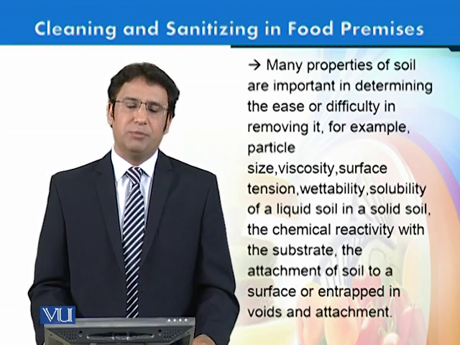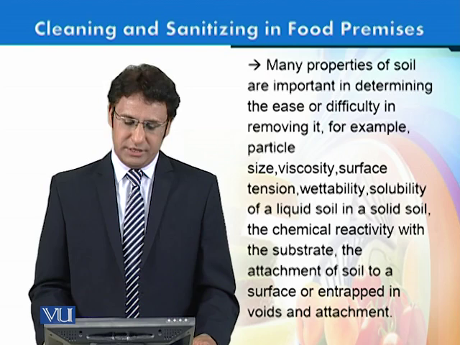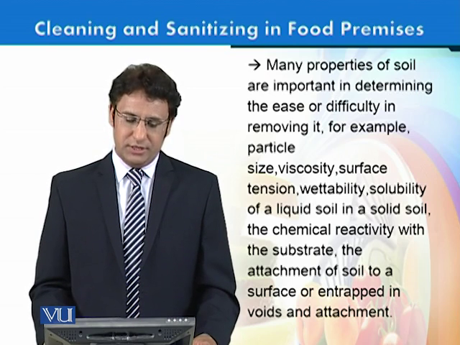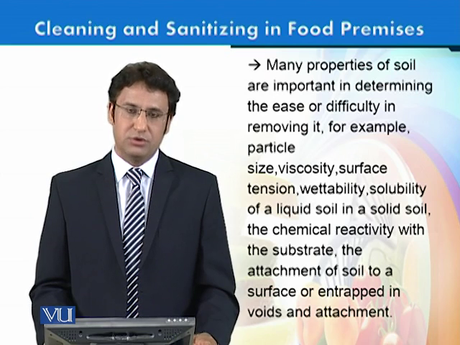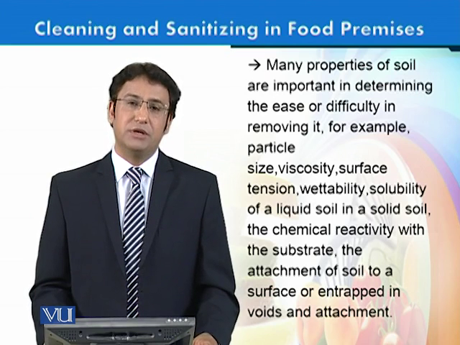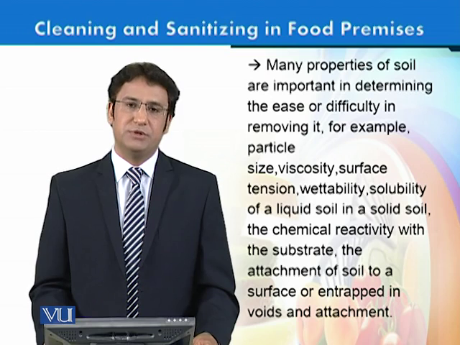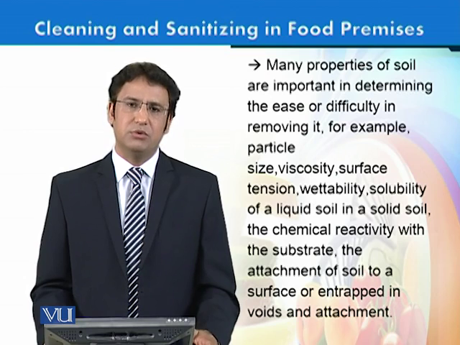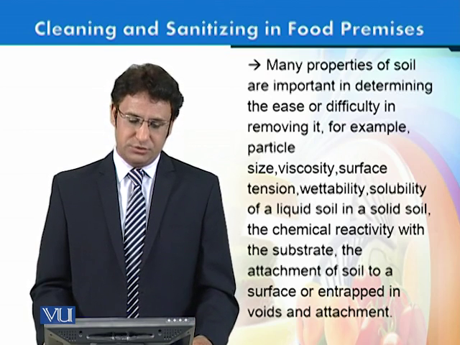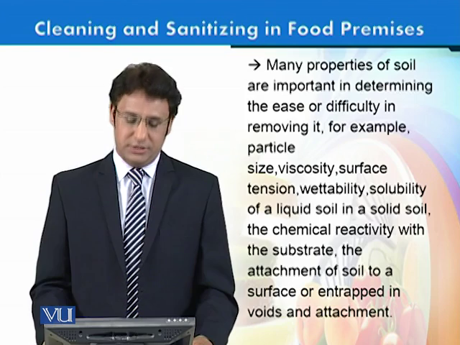Some of the parameters are the particle size of those soils, how viscous they are, surface tension, wettability, then solubility of liquid or solid soil, then the chemical reactivity of these soils with different detergents, and the chances of attachment of these soils into void or dead spaces within the processing line. We need to understand this in order to better design our cleaning and sanitation systems.